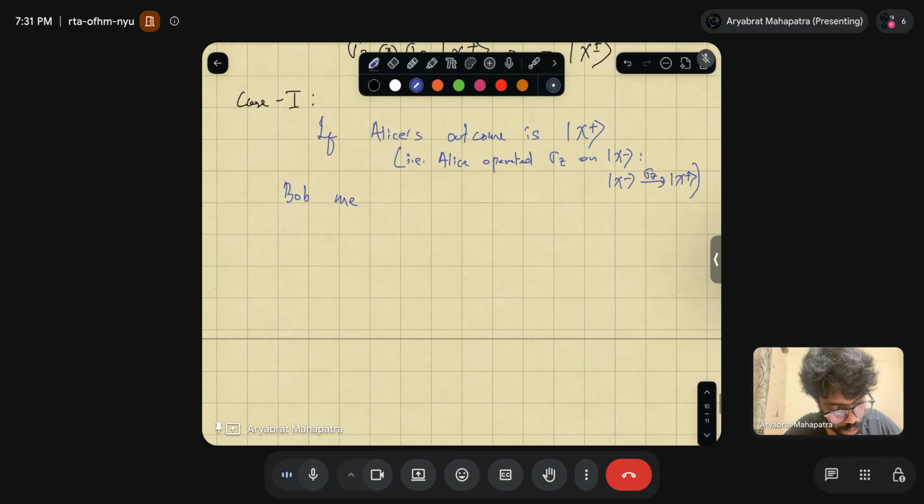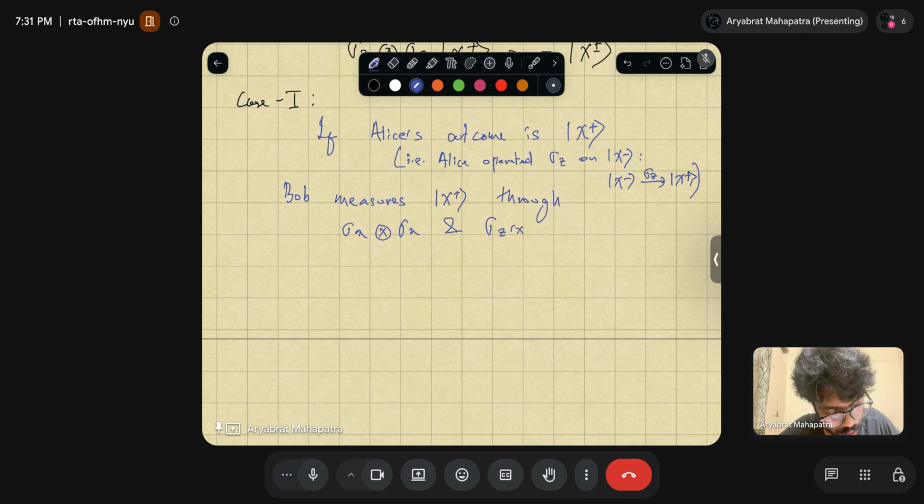Then Bob measures. So when she got chi plus, she sent it to Bob. Now Bob has 2 qubits, so Bob measures chi plus through sigma x cross sigma x and sigma z cross sigma z.